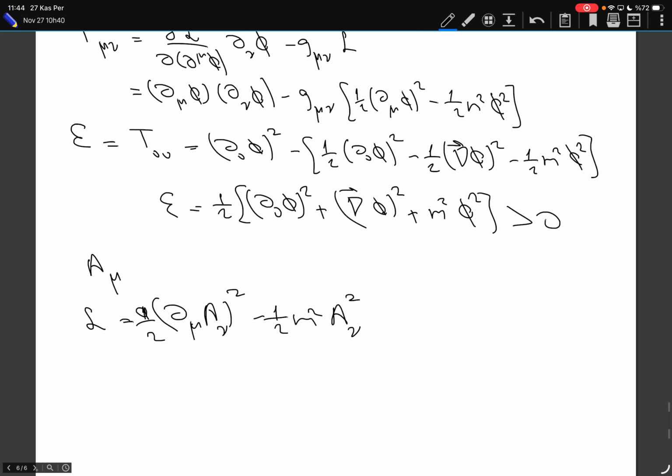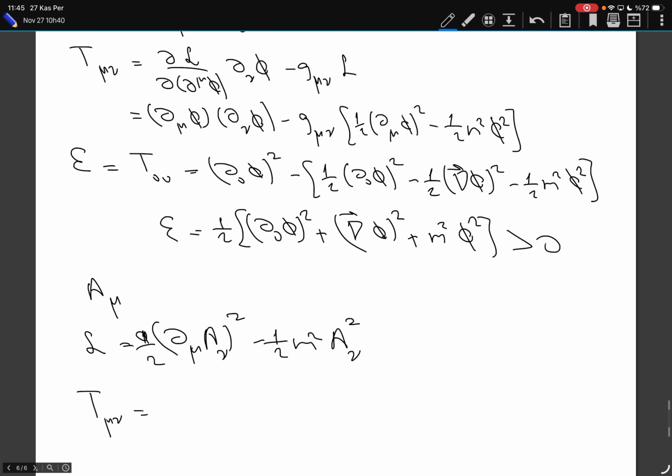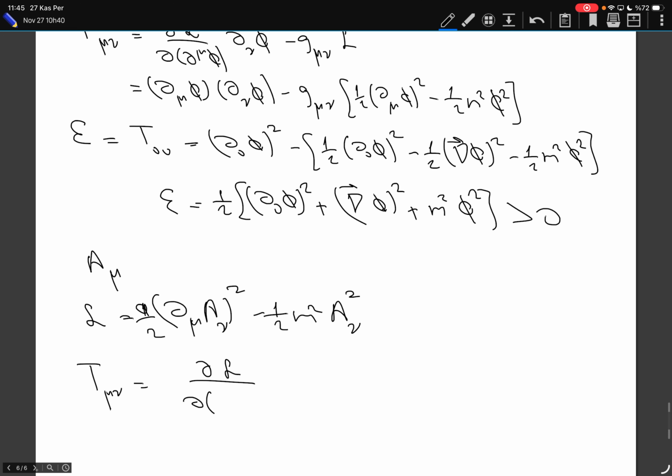You see, the energy momentum tensor in this case will be the derivative of the Lagrangian with respect to del mu A alpha, times del nu A alpha, minus g mu nu L. This will be my energy momentum tensor.